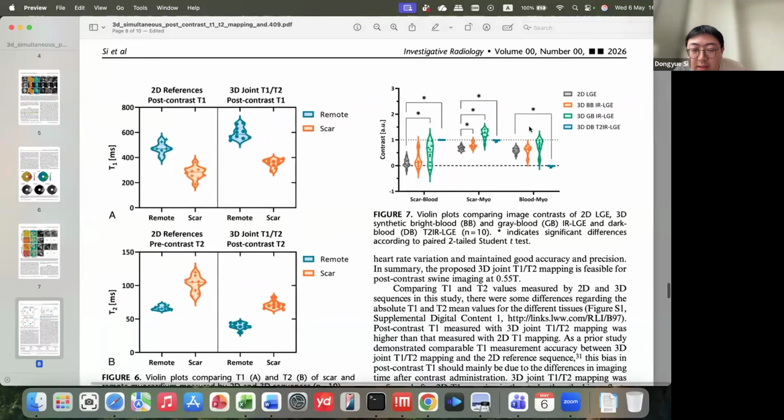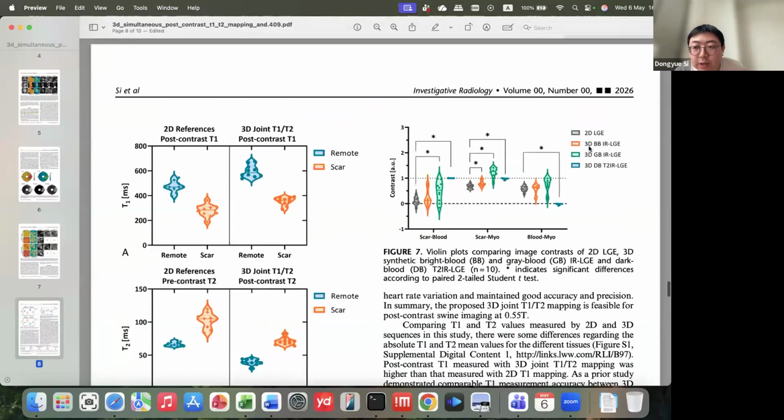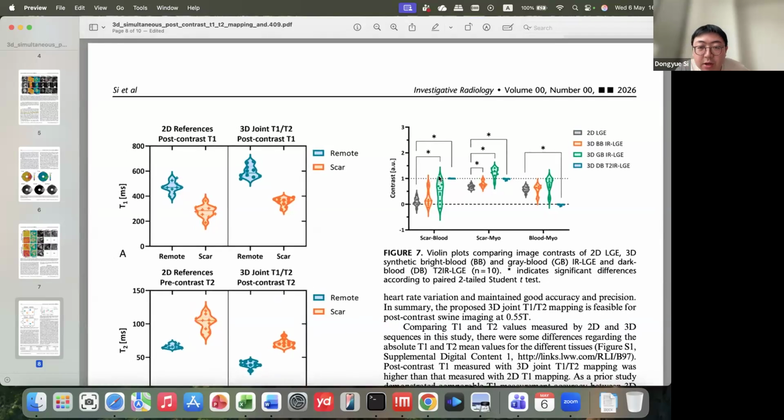For image contrast, the 3D bright blood synthetic IR-LGE is comparable with the 2D LGE, which is also a bright blood contrast. But with the gray blood LGE, we have a better scar-to-blood contrast and a better scar-to-myocardium contrast, and the blood-to-myocardium contrast is comparable.